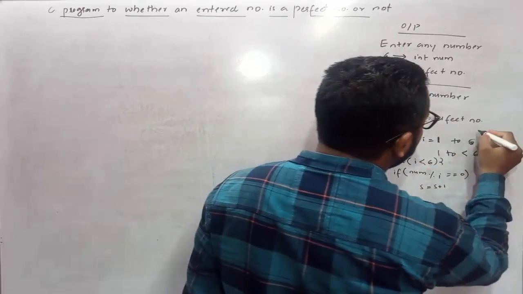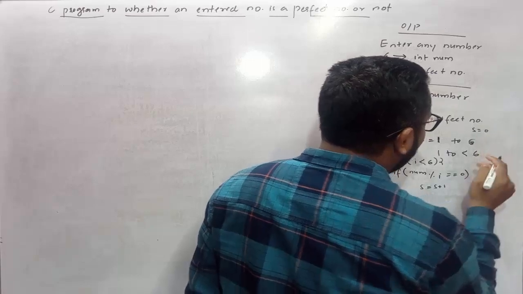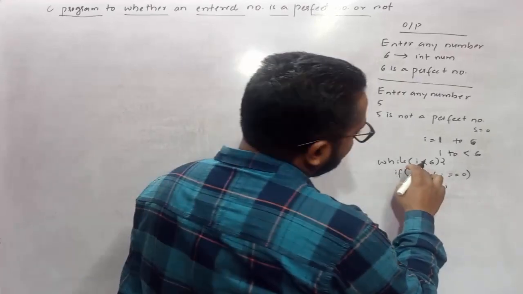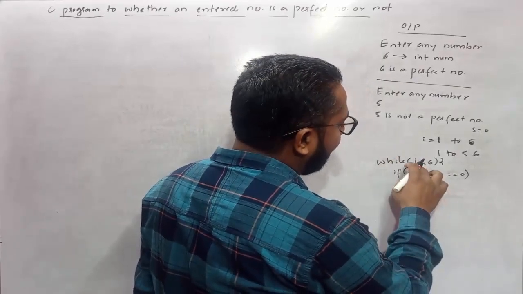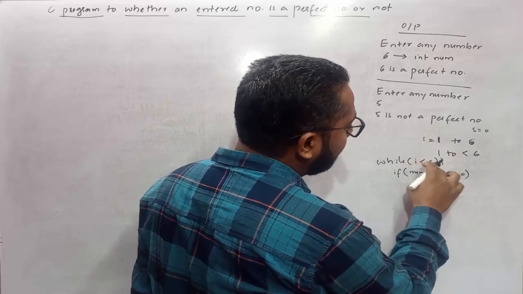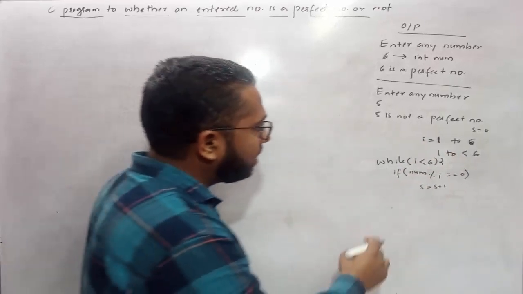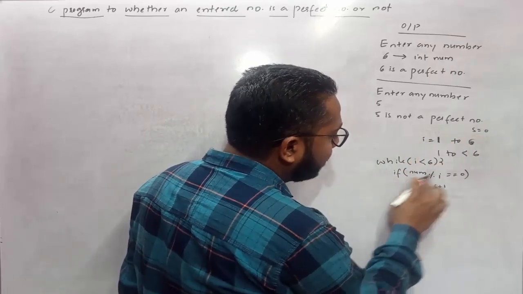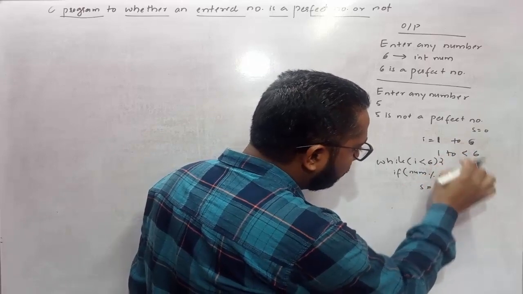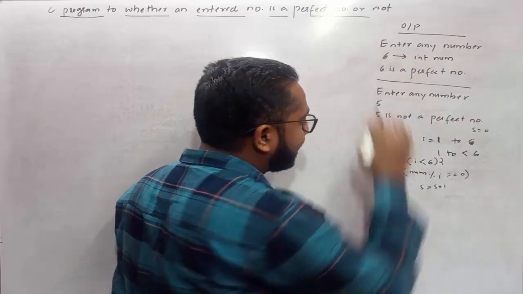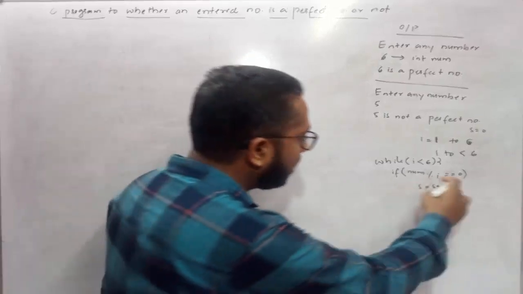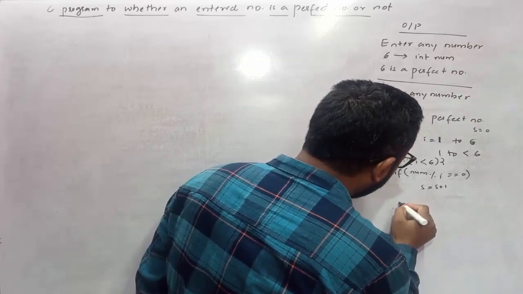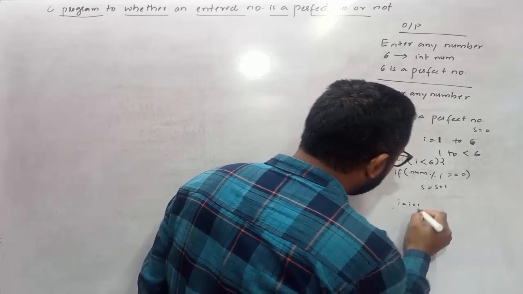So I also need to create one more variable s, which will store the value 0 initially. I start iterating with i equal to 1 until i becomes less than 6. For each value of i from 1 to 5, I check whether it divides 6 or not. If it does, I add that value to s. Then I increment the value of i: i equals i plus 1.